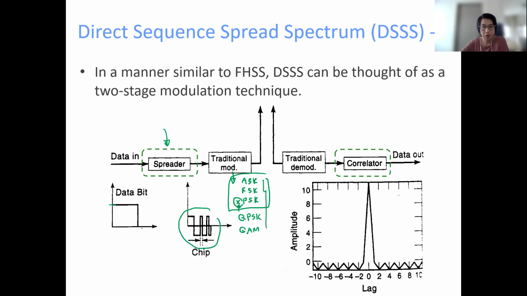This is the output of this one. In this stage, it was already mentioned that the bandwidth is wide. This signal has a bandwidth wider than the original data bit. Can you explain why the bandwidth of the output is wider than the input signal? Any idea?